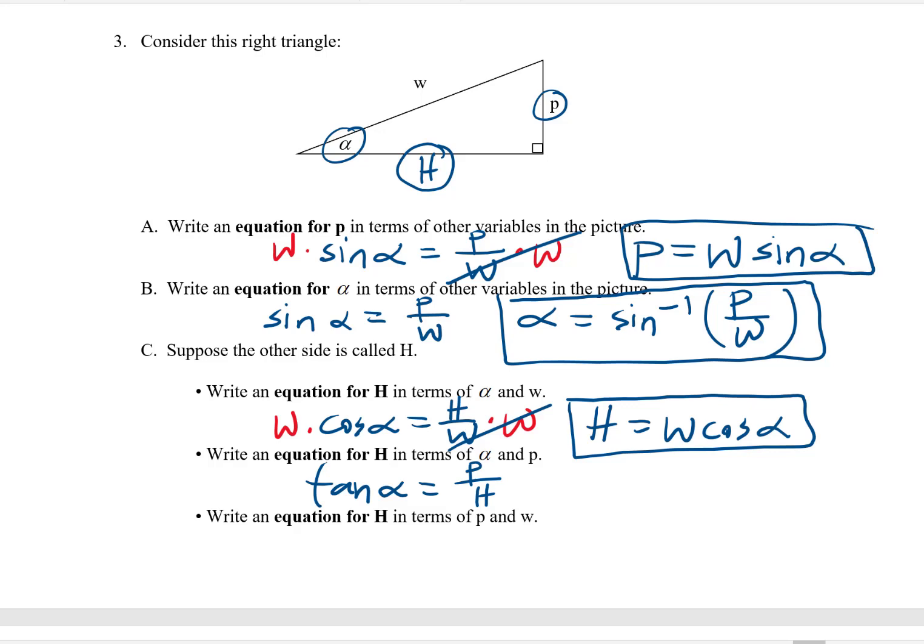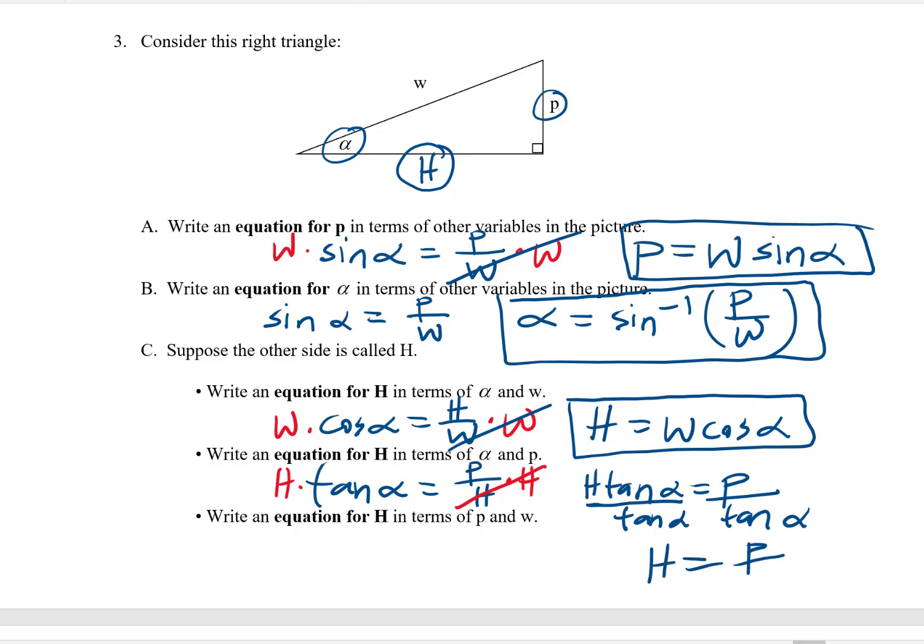Now I want to get H by itself. That's going to take me a couple of steps. I'll multiply by H in order to clear the fractions. Now it says H tangent alpha equals P. To get H by itself, I'm going to have to divide both sides by this tangent alpha. And so my final answer, H equals P divided by tan alpha.